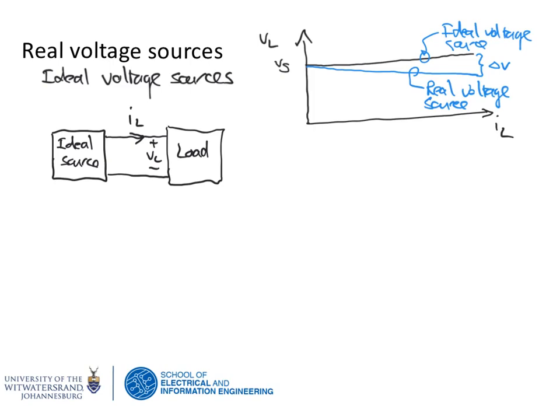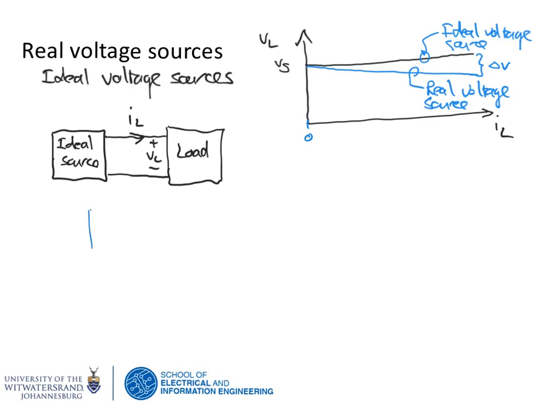So you can see the voltage is the greatest over here when the load is the smallest. So the best case scenario is when the load current is 0, and that would be an open circuit.